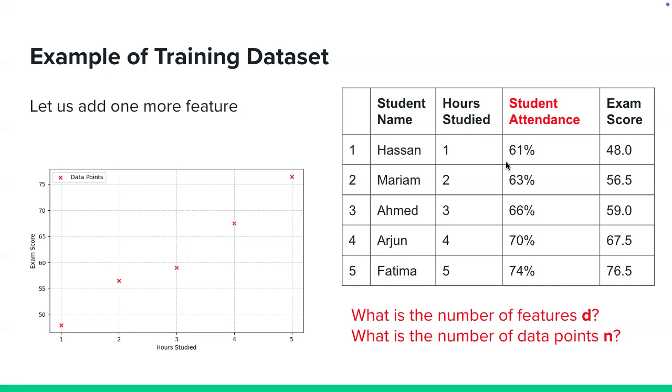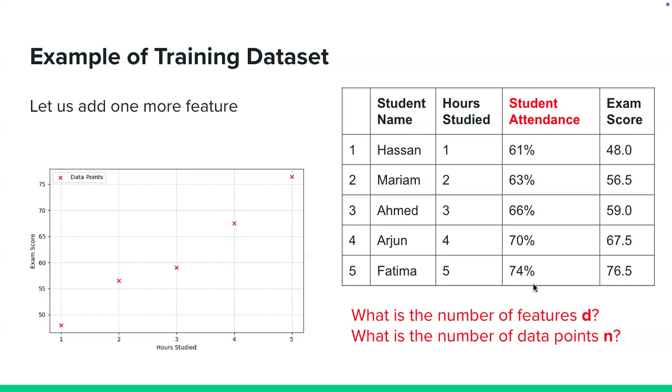So we have the percentage attendance for every student. How do we calculate this? It's very simple. We take how many classes the student went to, how many sessions, and we divide it by the total number of classes in the course. And that's how we get these numbers.